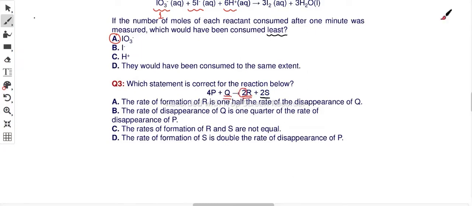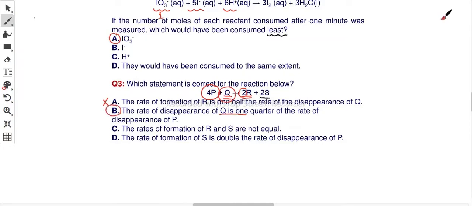So actually the R is faster by double, so this is incorrect. Continuing with B, the rate of disappearance of Q is 1/4 of the rate of disappearance of P. So now we are comparing the P and the Q together. Since the P has a coefficient of 4, it is 4 times larger in rate compared with the Q. So definitely the Q is 1/4. This is a correct statement.